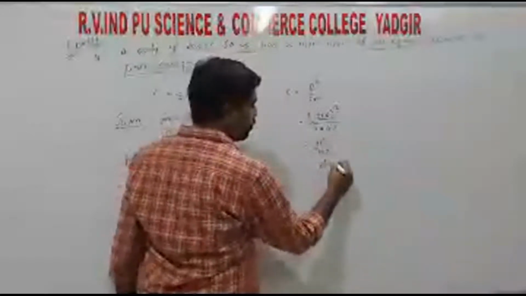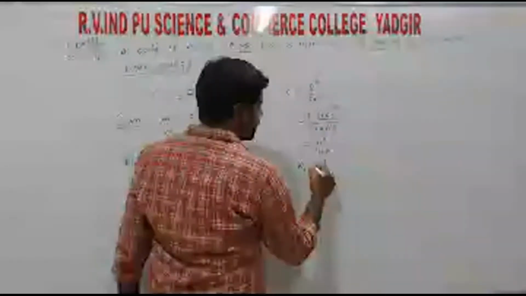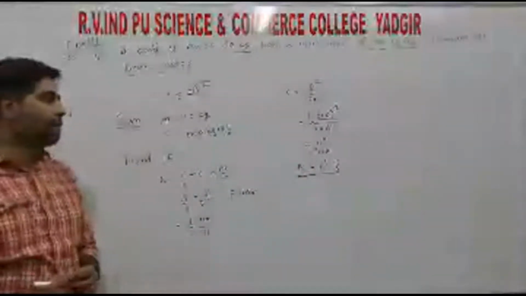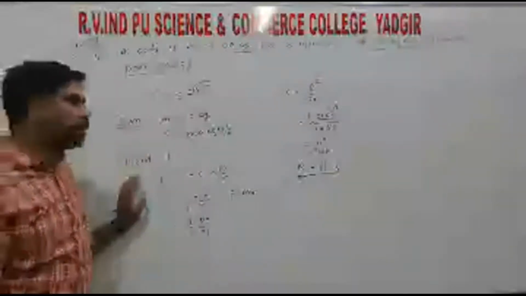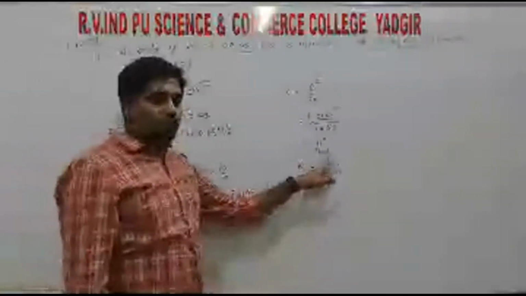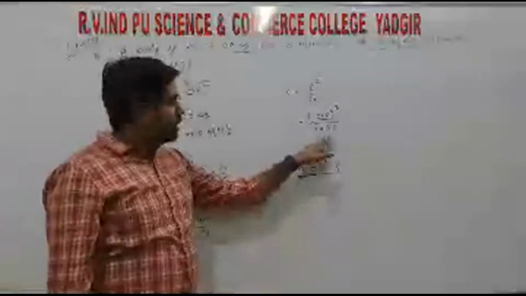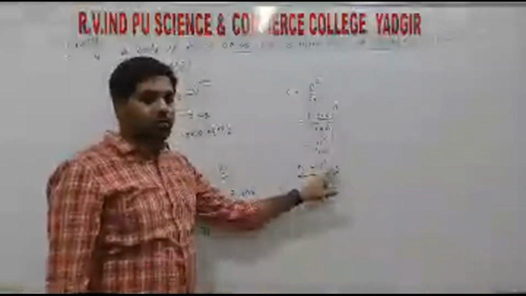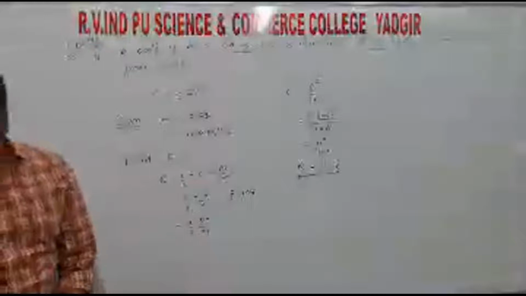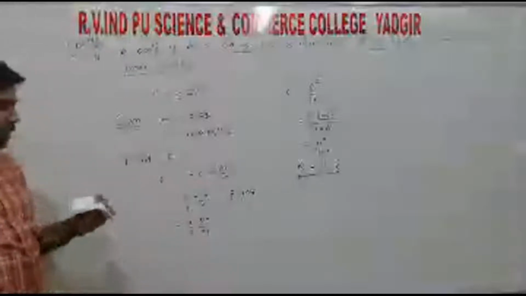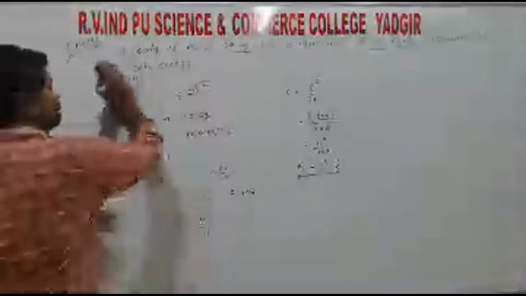Shifting to the numerator, 6 minus 2, we get 10 power 4. So the kinetic energy, whose unit is joule, is 10,000 joules. It's a simple problem, but you need to know everything.